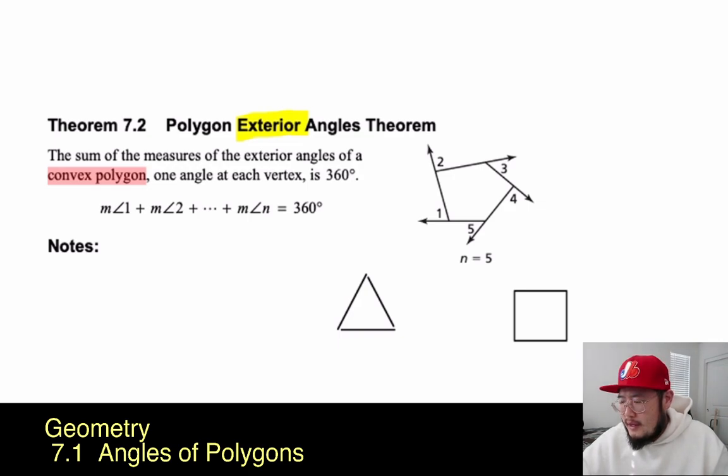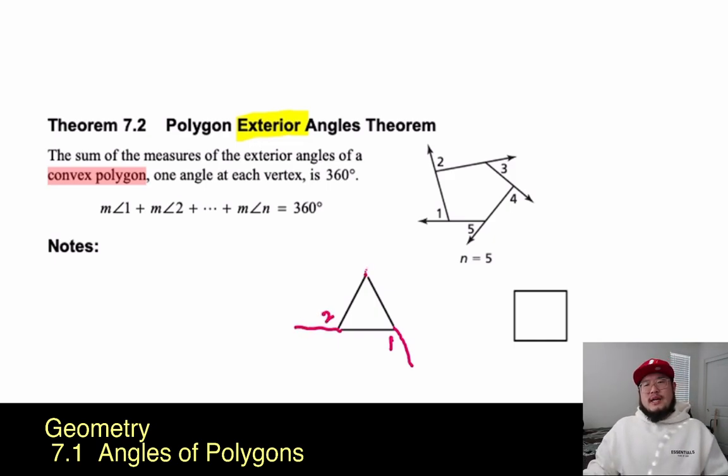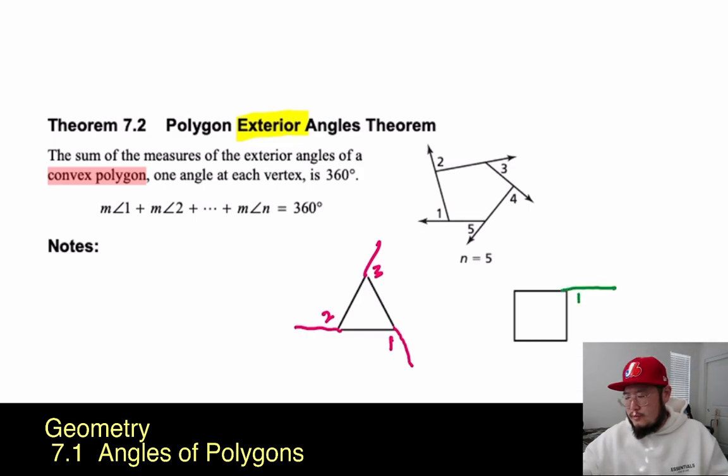So I have my triangle right here, and if I extend out the sides, I can put angle 1, angle 2, and angle 3. Guess how much all those angles are going to add up to? You got it, 360. We take a look at this quadrilateral right here. Extend out this side, 1, 2, 3, 4.